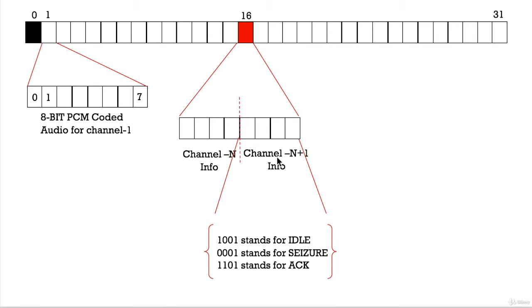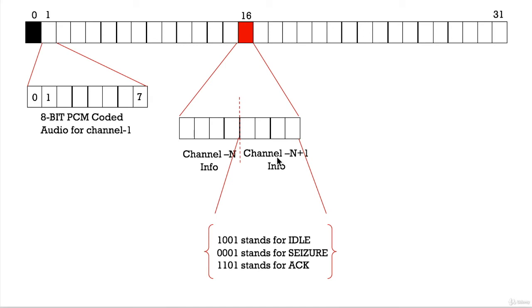So let's say the first byte will contain the audio sample for the first channel. Then the second one will contain the audio sample for the next channel. Likewise, there are 32 channels, but the 16th channel is used for conveying the control information, and the 0th channel is used basically for synchronization purposes.